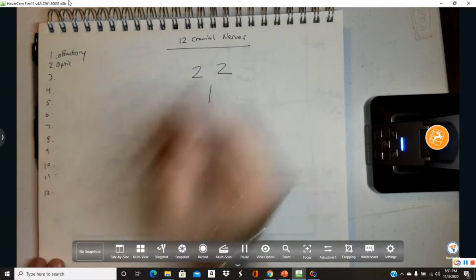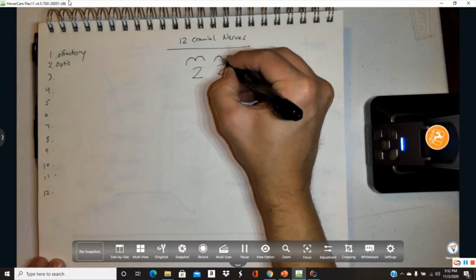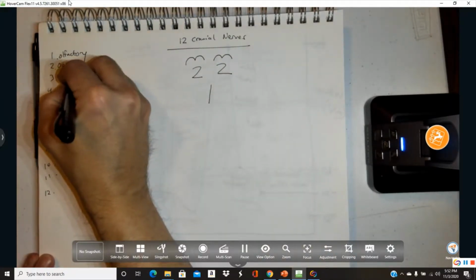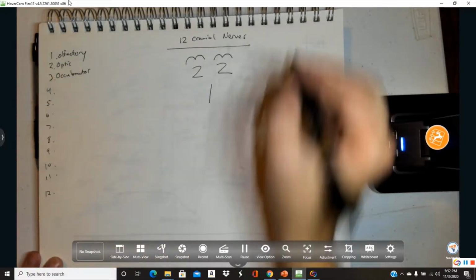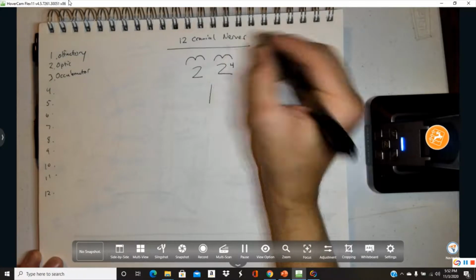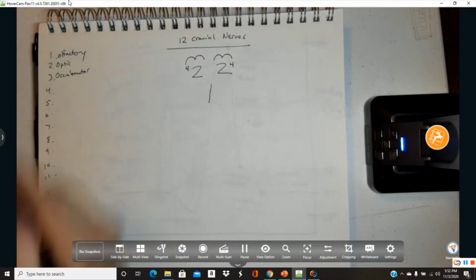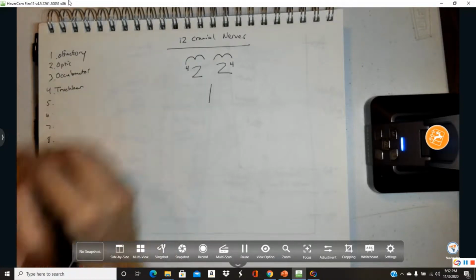And then number 3, if you take a 3 and turn it on its side, it kind of looks like an M, and that is our oculomotor nerve. Number 4 is the nerve that controls the superior oblique muscle of the eye, which has a trochlea, so it's called the trochlear nerve.